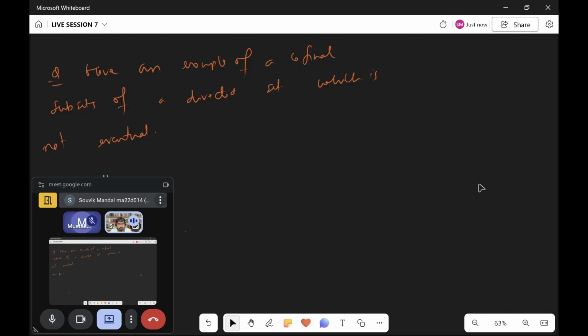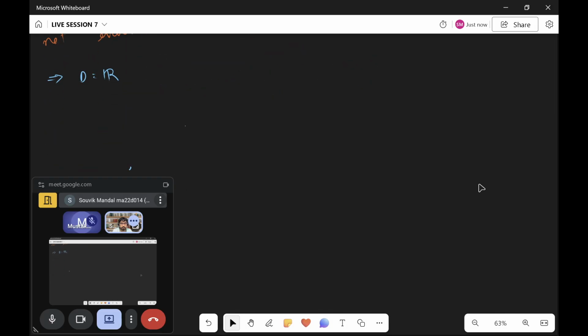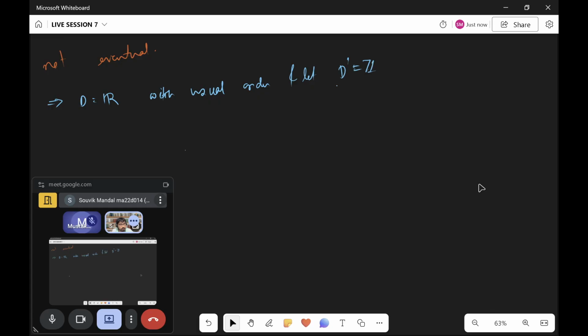Take D equal to R with the usual order, and let D prime equal Z. Take D equal to R with usual order, D prime equal to Z. Okay.